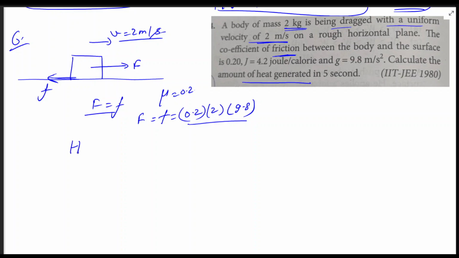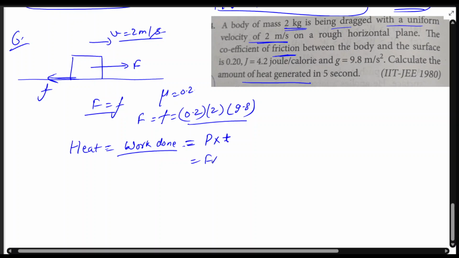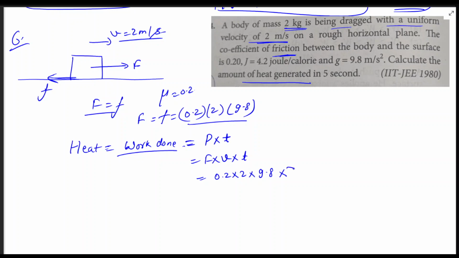So yes, the formula for heat was work done. Now the work done, we can also write it as power into time, right? And power was F V into T. So what is F? F will be 0.2 into 2 into 9.8, and velocity is 2 and time will be 5 seconds.